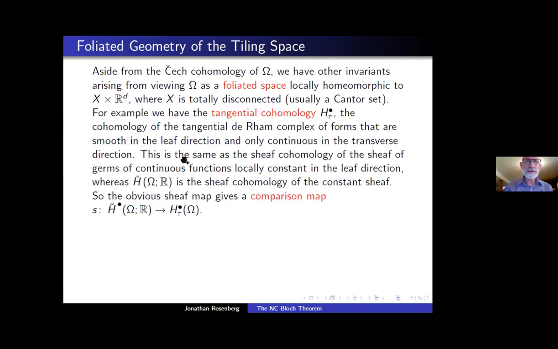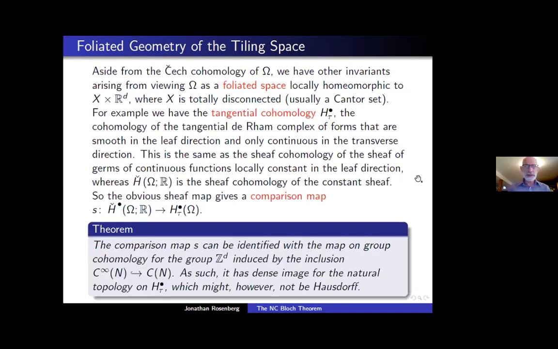And you can think of this as the sheaf cohomology, the sheaf of germs of continuous functions that are locally constant in the leaf direction, whereas the Čech cohomology is the sheaf cohomology of the constant sheaf. So there's an obvious map from the constant sheaf to that other sheaf. So that induces a map on cohomology from ordinary Čech cohomology to the tangential cohomology. And here is a comparison theorem that sort of explains the difference between them.